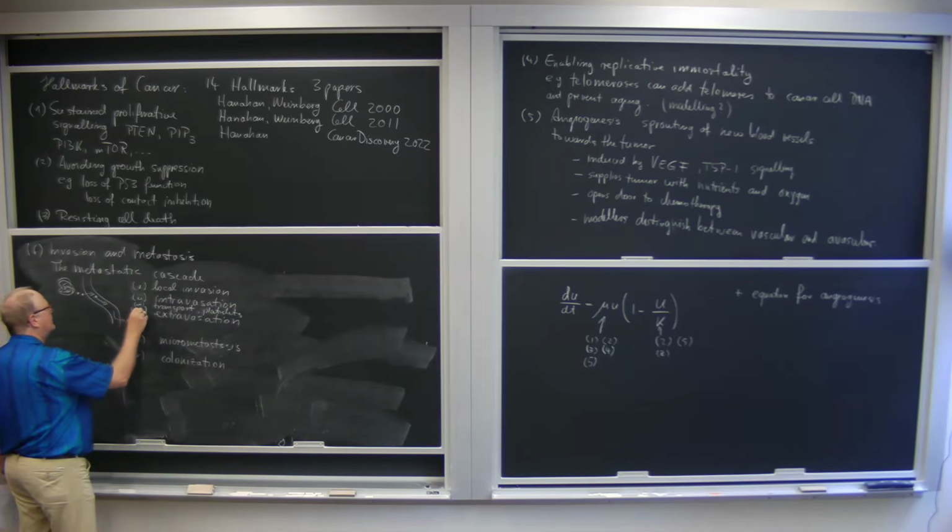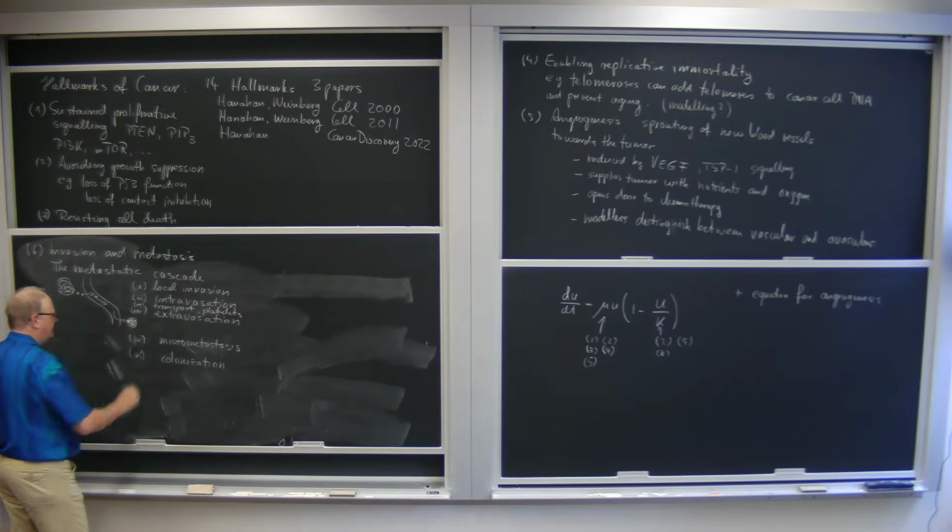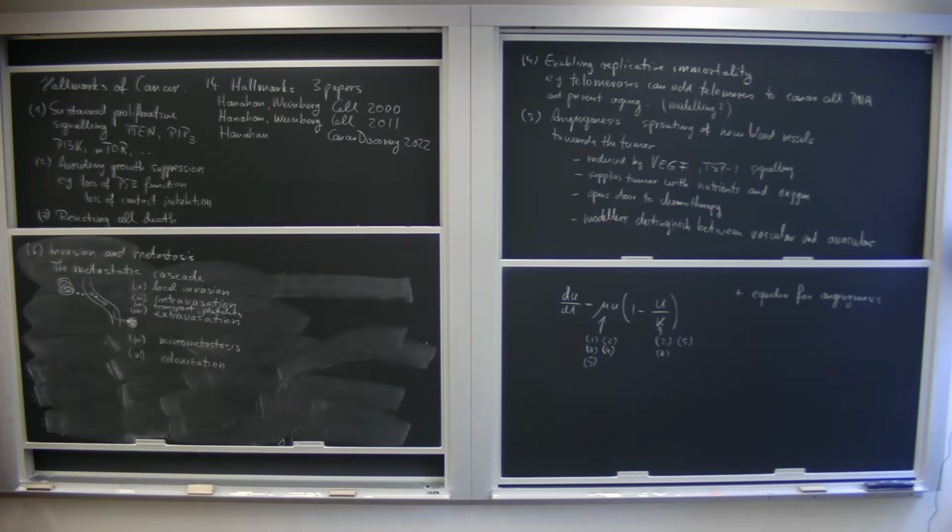Then we make this 4, 5, and 6. Yeah, then they talk about circulating cell clusters, right? And they can be surrounded by platelets, which kind of provide support. Yeah.